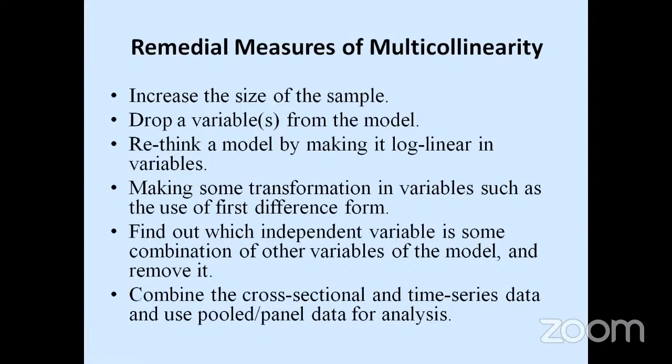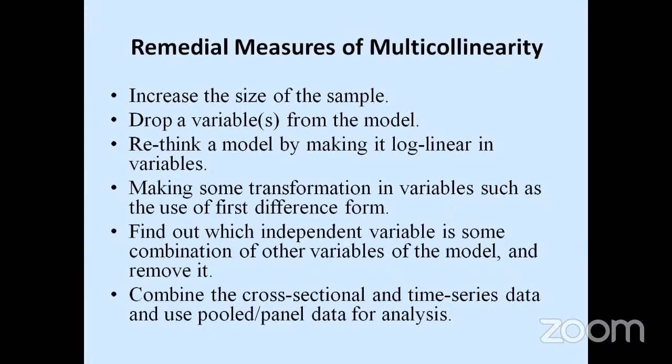So we have to see the independent variables very clearly, and redesign them in such a way that there should not be any high correlation problem among the independent variables. Then those things can be avoided. We can also combine cross-sectional and time series data, pooled in panel data for analysis.